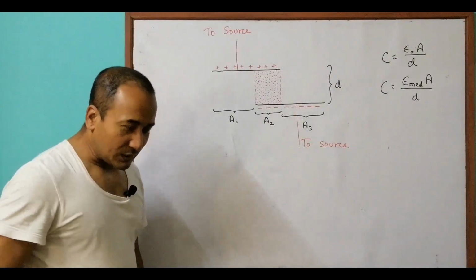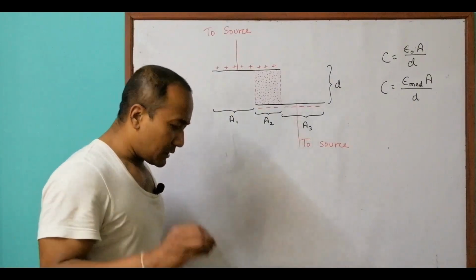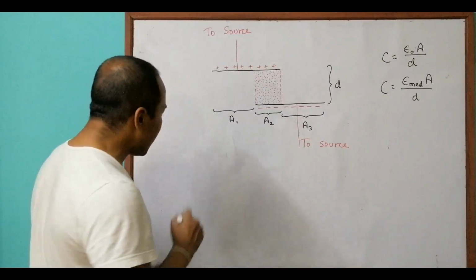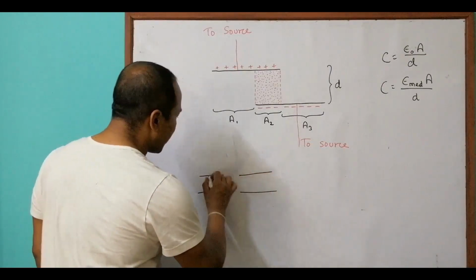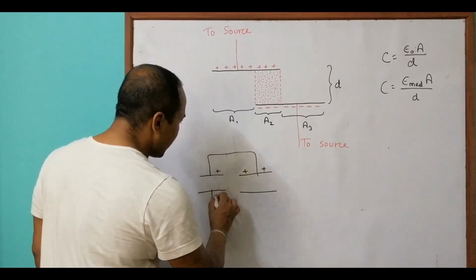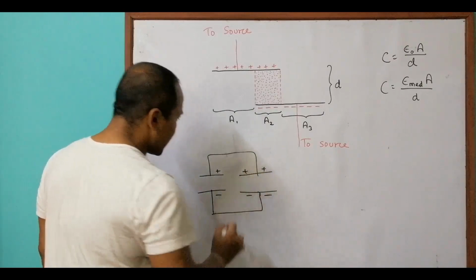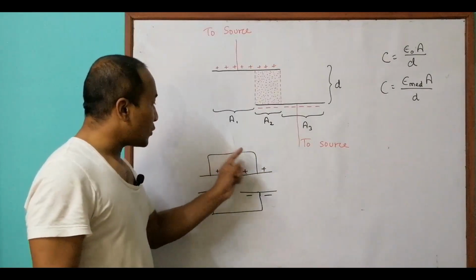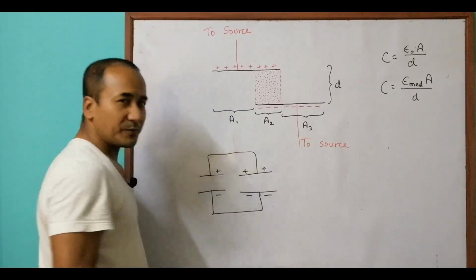Here, what we have to know is, let us learn something about parallel arrangement. In parallel, we have one capacitor here, another capacitor here, and we connect them like this. So this is plus, plus, plus, and this is minus, minus, minus. Now, what if, instead of the wires, I connect this plate with this and this plate with this?